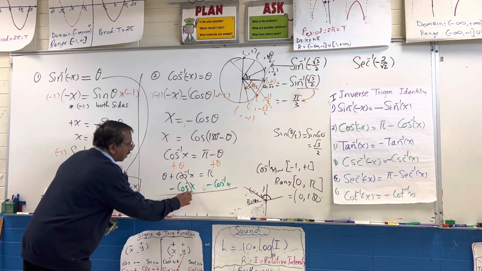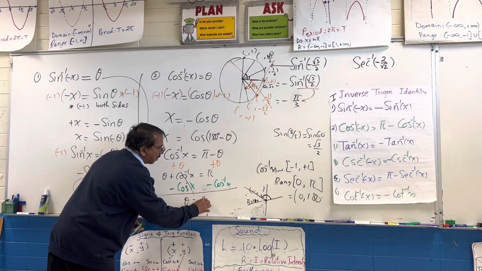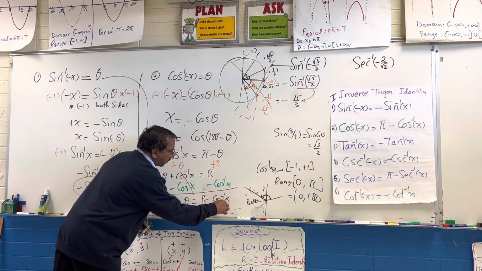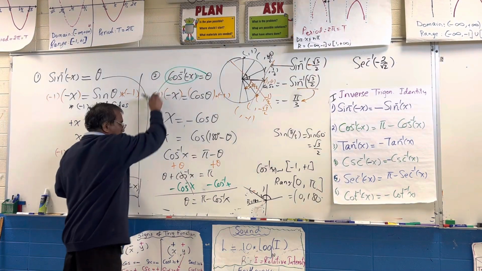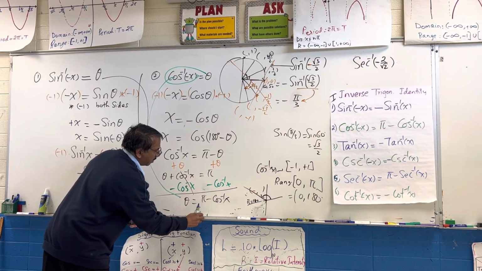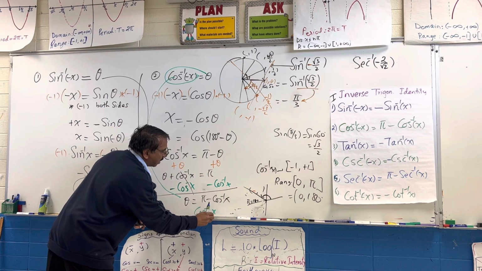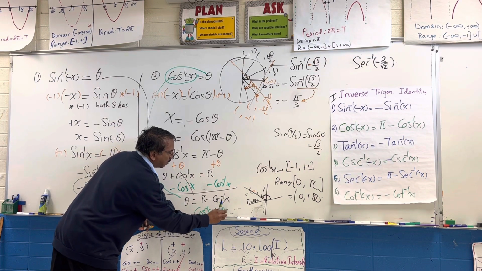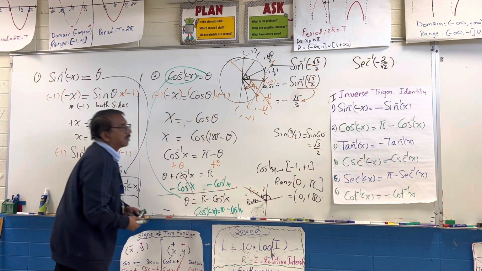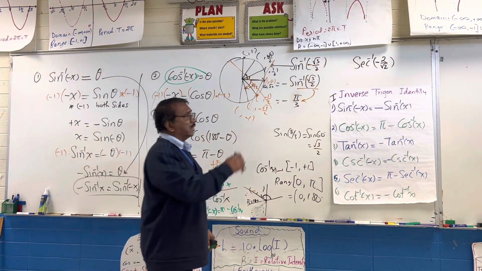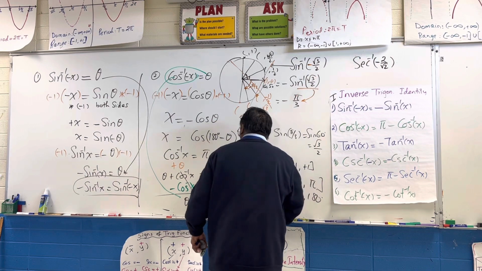So theta is pi minus cosine inverse of x, and replace what theta is. This theta goes back here. So you get cosine inverse of minus x is pi minus cosine inverse of x. Done.